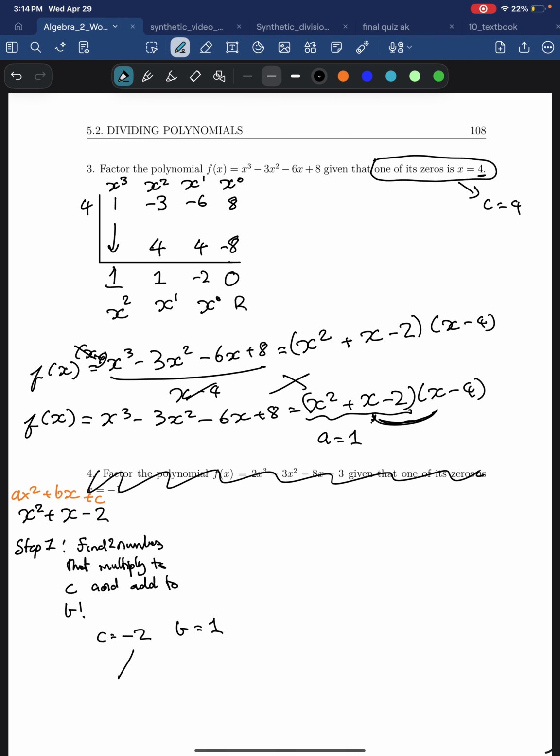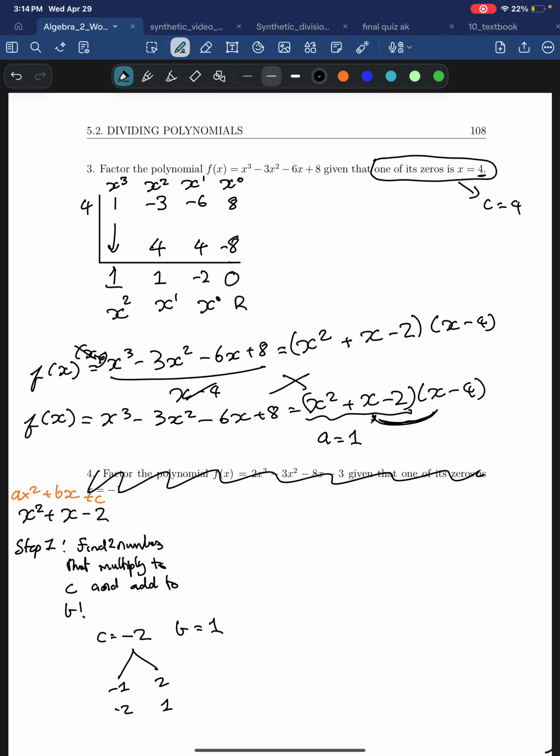So I find the two numbers that multiply to negative 2. So I know I have negative 1 and 2, and I also have negative 2 and 1, right?